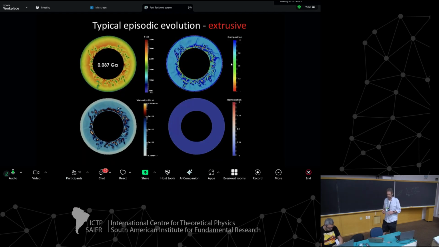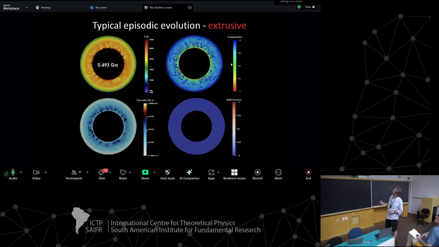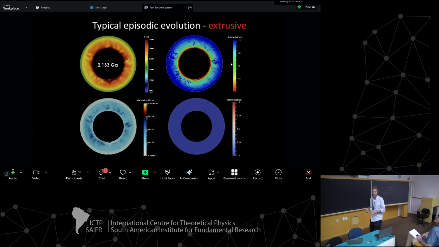Here's another model. Now, this here you can actually see how one of these simulations evolves. In this one, you do get subduction, obviously. It's a little bit episodic. This is the temperature. This is the composition, with red being basalt. And these other things are viscosity and melt fraction, but it's best just to focus on what's happening up here. So early on, we're getting episodic subduction, and later on, it becomes a bit smoother.